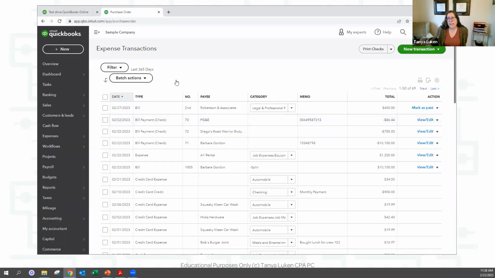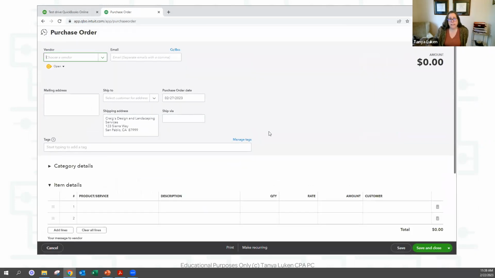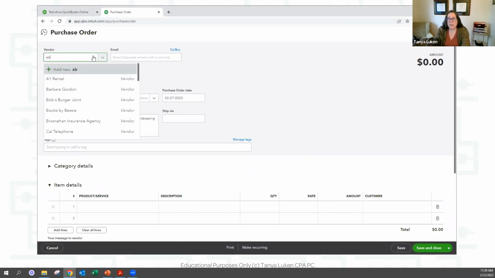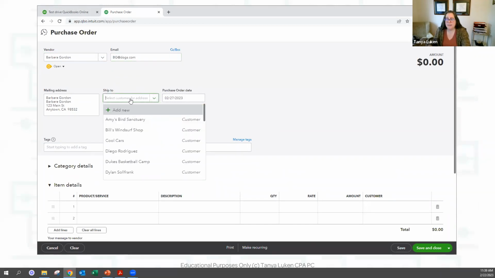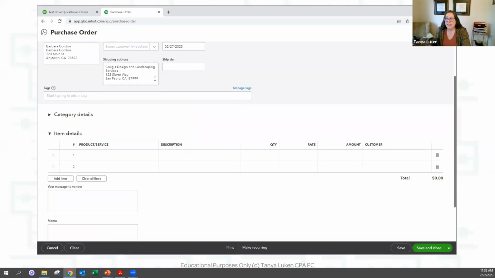I'm going to show you this, and this screen should look shockingly familiar. So, here's your name. And then if there's an email address, you can email your purchase order to someone, how they're going to ship it, who you're going to ship it to.